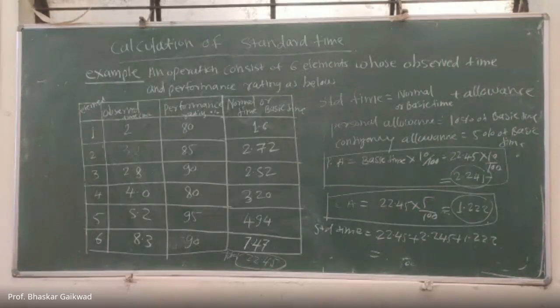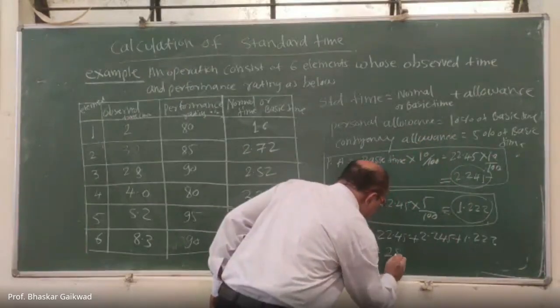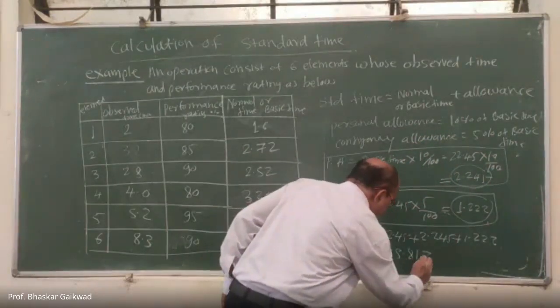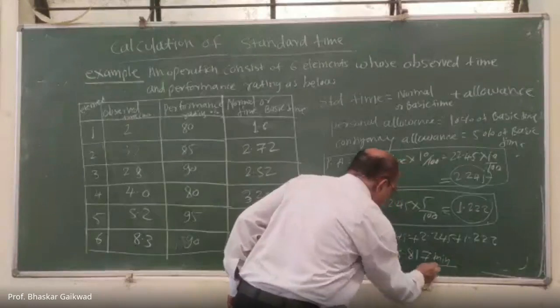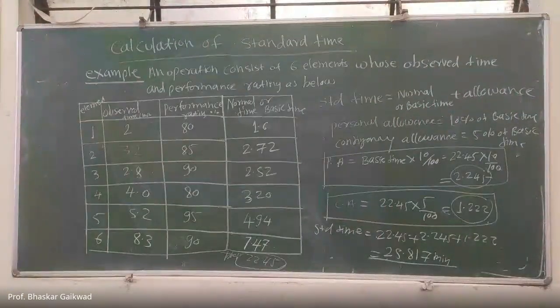So the total answer I have got is 25.81. So 25.81 is the standard time of all these operations. This is the standard time for all the operations.